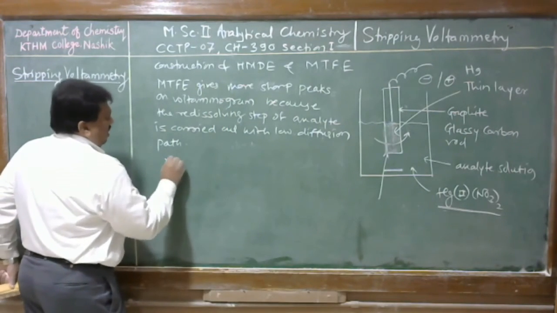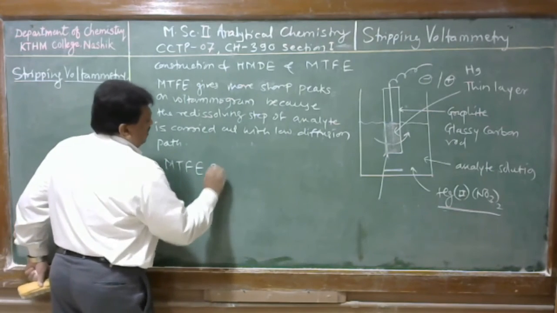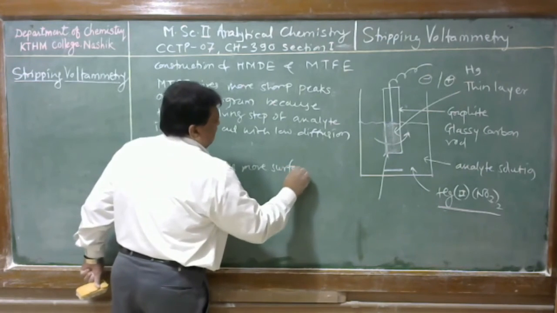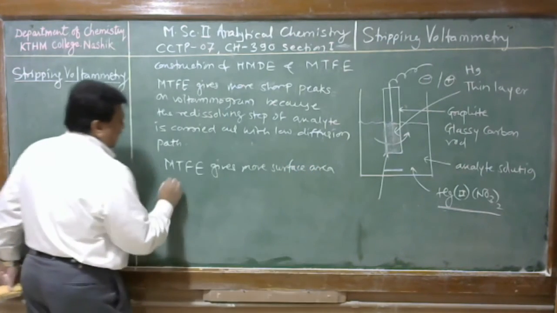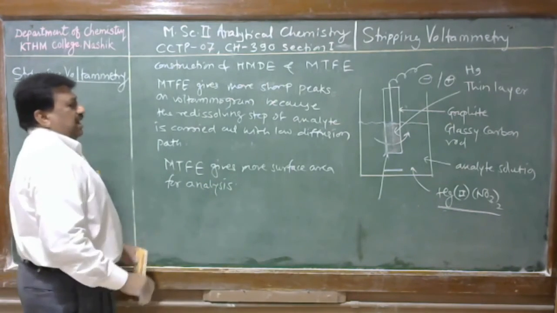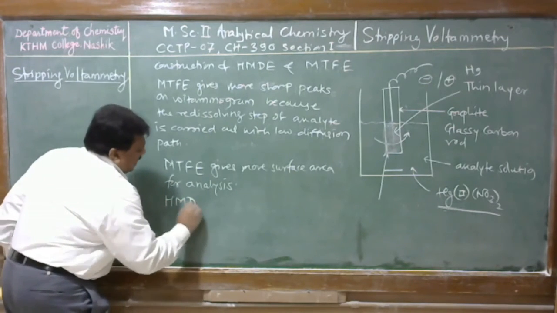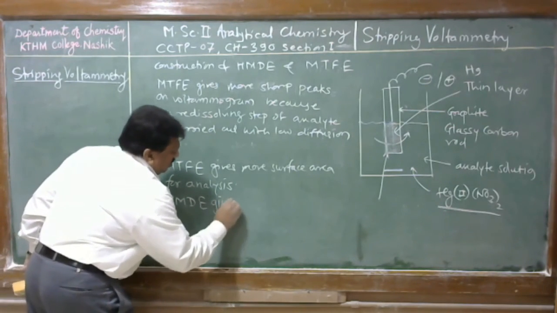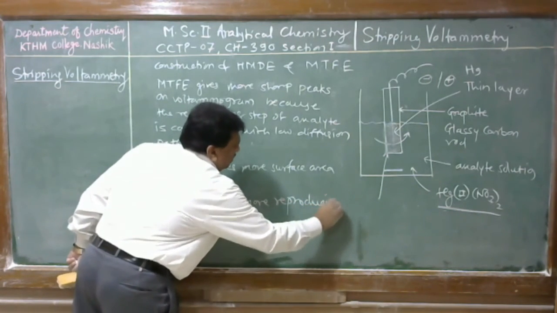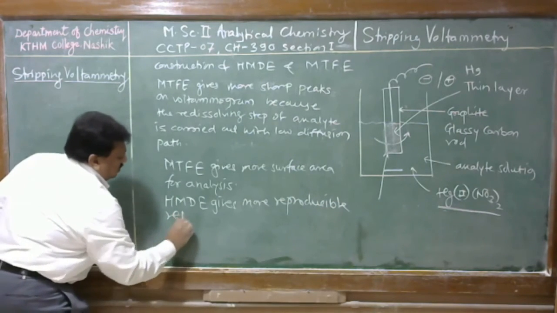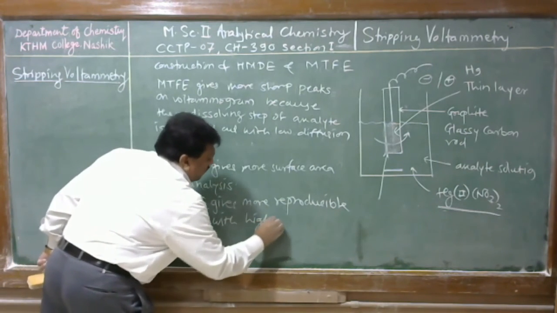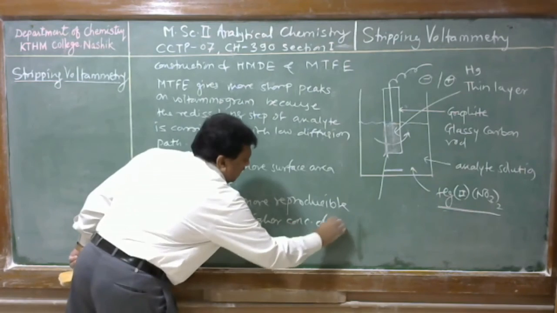In addition to this, the mercury thin film electrode gives more surface area for analysis. And the hanging mercury drop electrode gives more reproducible results with higher concentration of analyte.